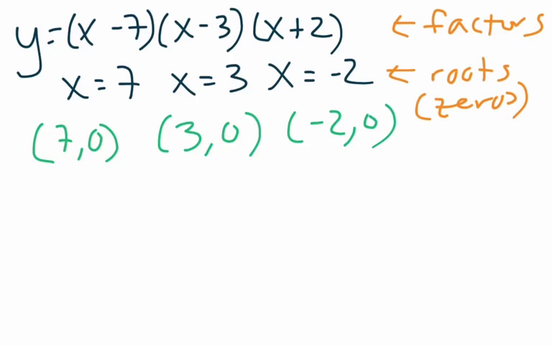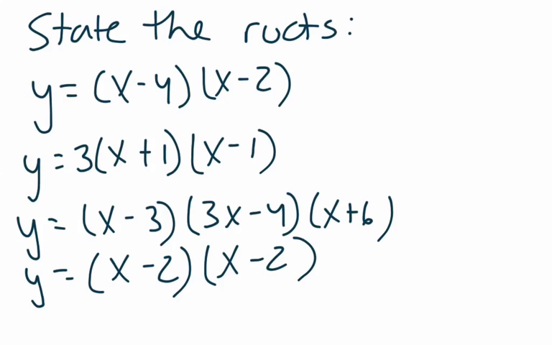Because on a multiple choice test, it could say, what are the roots? And the factors will be one of the answer choices. And if you're not sure what's a factor and what's a root, you'll pick the factors when you should have picked the roots.